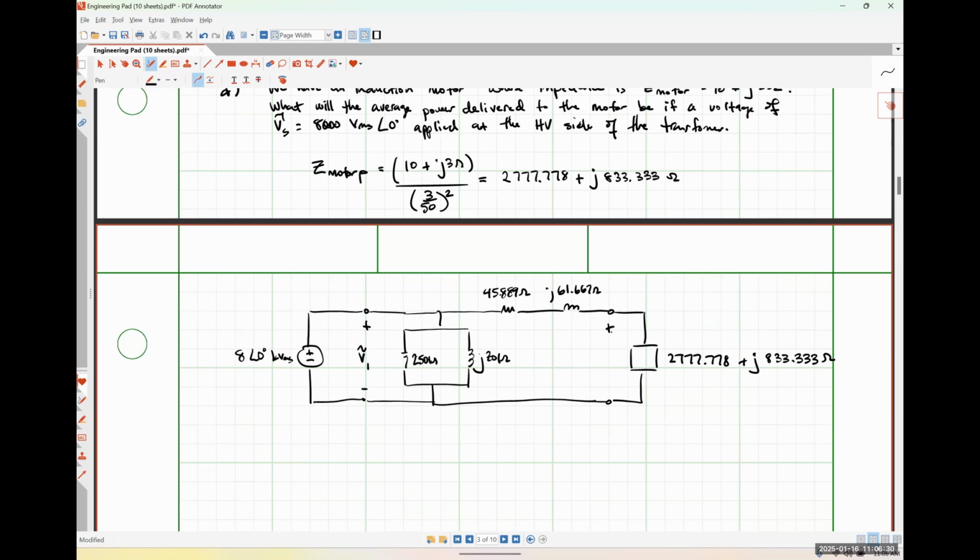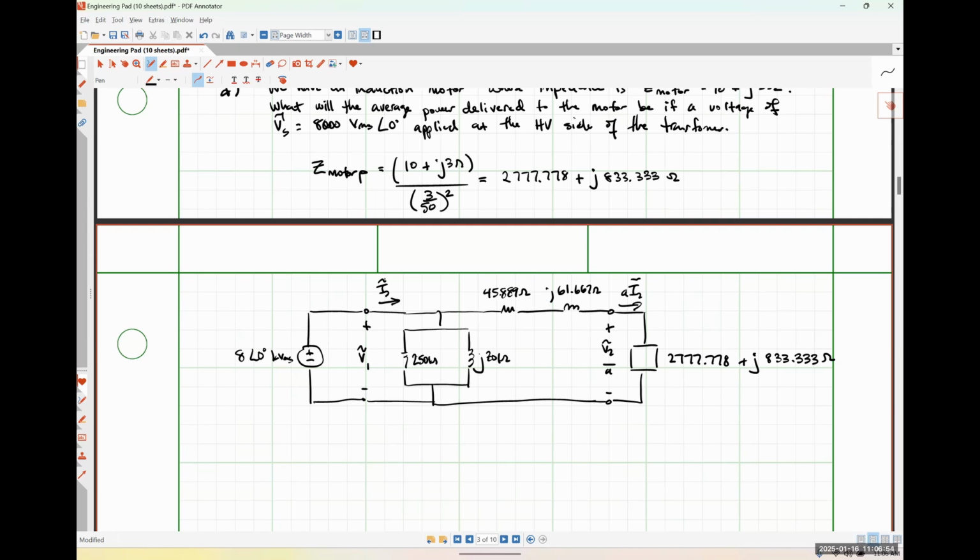For what it's worth, the voltage here is going to be V2 over A. The current entering is going to be A times I2. Here's I1. We don't really need literally any of those things here, though. Once we reflect this impedance over, this is just a simple circuit for us to analyze.